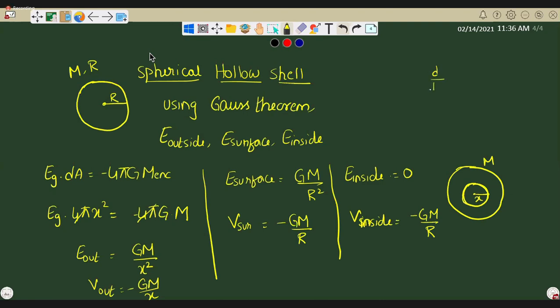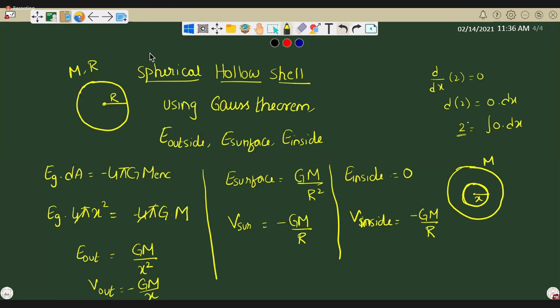So d by dx of 2 will be 0. So d of 2 is equal to 0 into dx. Taking integral on both sides, 2 equals integral of 0 dot dx. So if you look at this, it is like V is equal to integral of E dot dx, right? Yes. V will have some value.